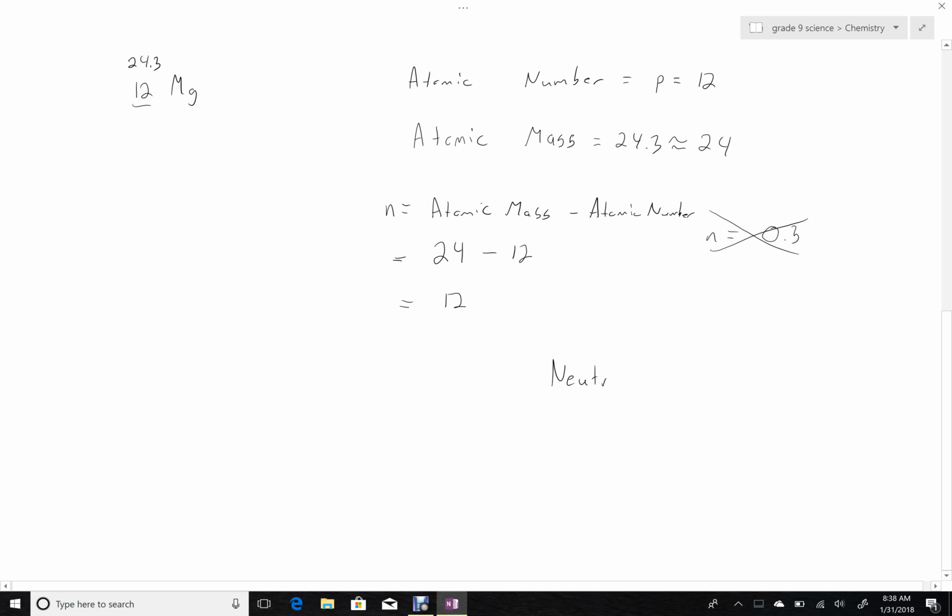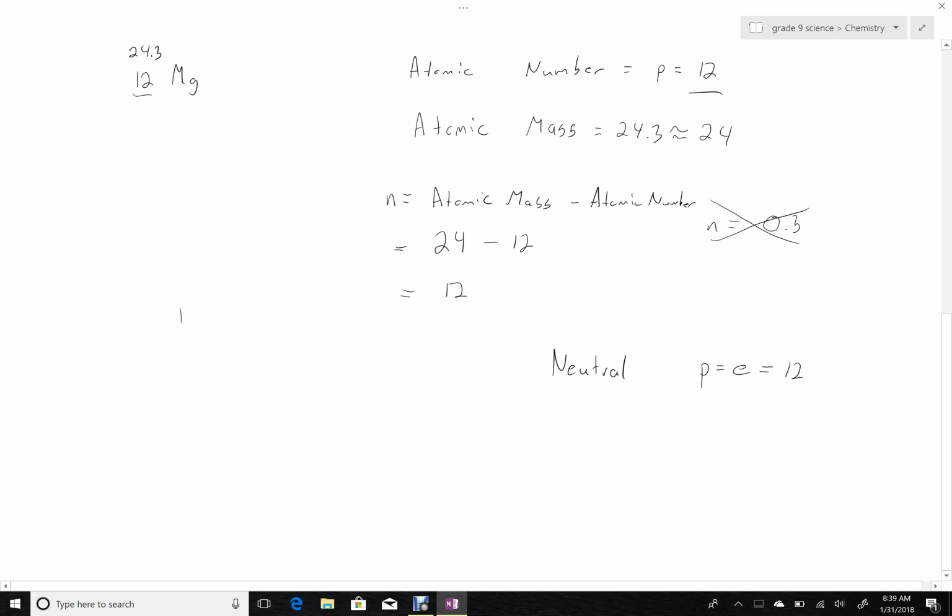We're making them neutral, which means there's no charge, and since protons are positive and electrons are negative, they have to cancel each other out. So the protons equal the electrons, and since we already knew that was 12, we have 12 electrons. Again, the protons and neutrons are located in the nucleus of the atom. And again, remember, this model is a bit of a representation. The nucleus is way too large.